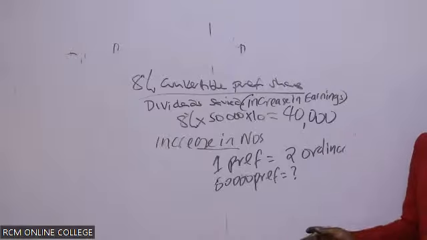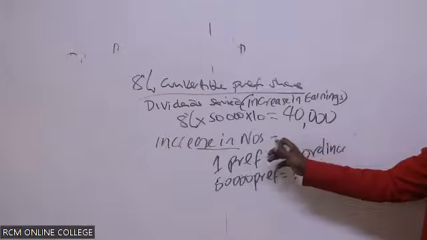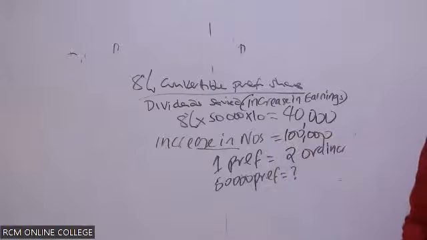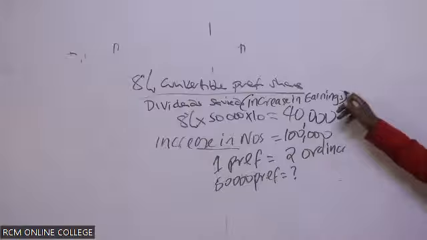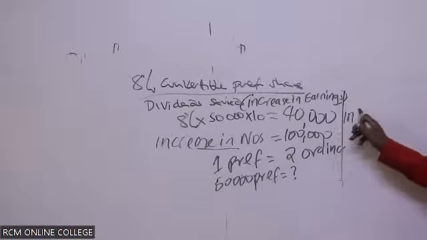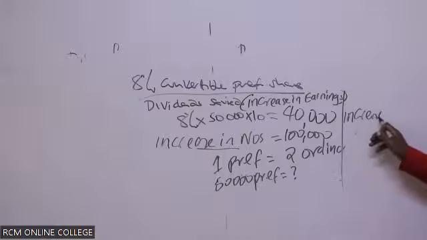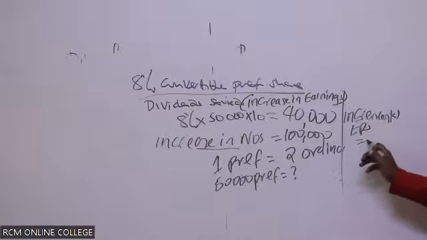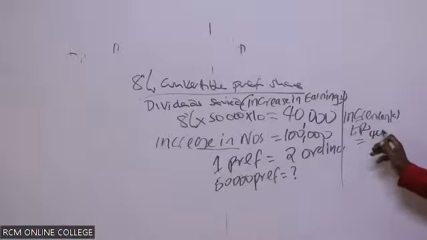The increase is 100,000. Therefore, what is the incremental EPS? Now divide the 2. Incremental EPS will be 40,000 over 100,000, which gives me 0.4.